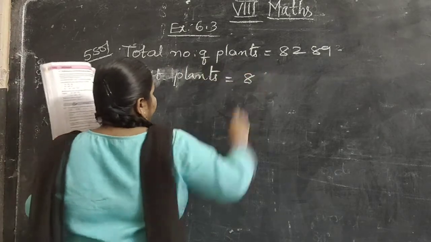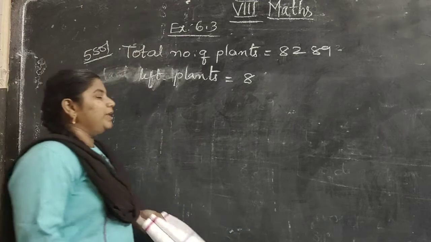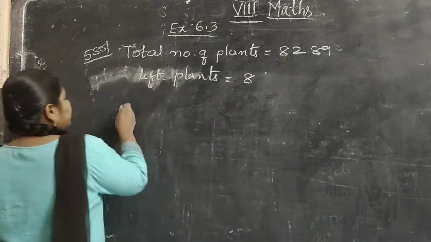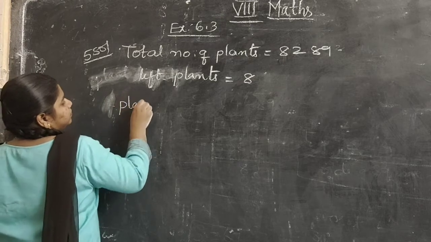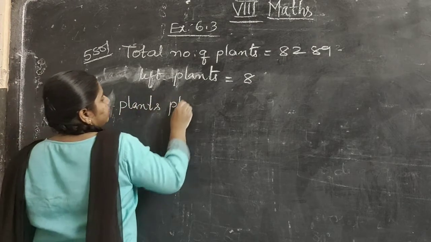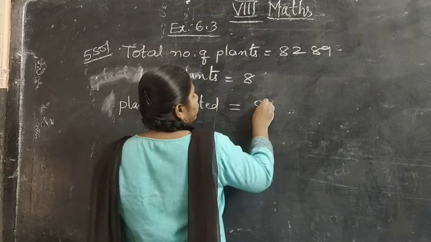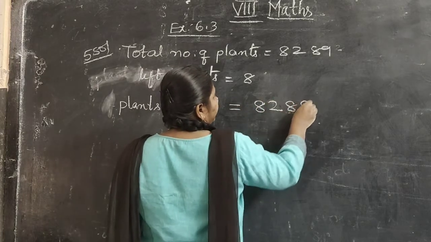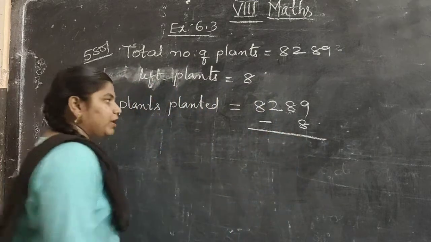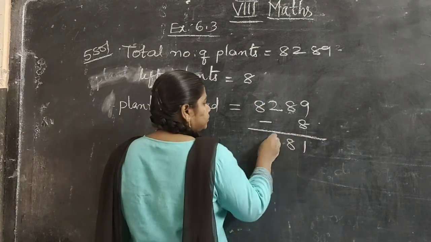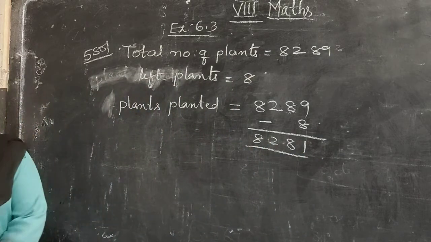Now, how many has he planted? We have to see first. Planted plants is equal to 8,289 minus 8, because 8 plants have been left there. So what is the answer? 8,281. So it is a square field.